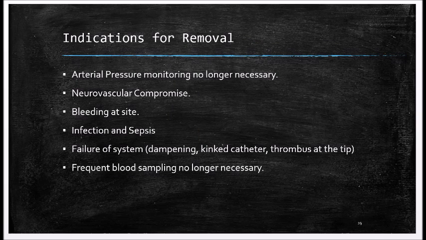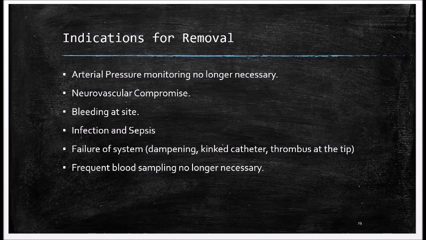Some indications of when to get the arterial line removed. One, you don't need arterial pressure monitoring any longer. If you do have neurovascular compromise, so any of the 5Ps that the patient might complain about. If there's excessive bleeding at the site that pressure itself cannot control, it's an indication for you to take the arterial line out, because there might be some damage that is causing it.